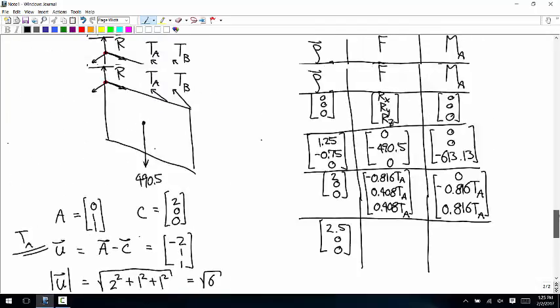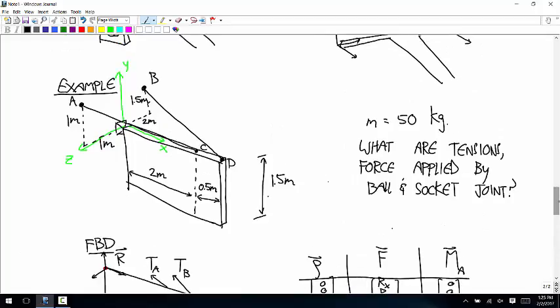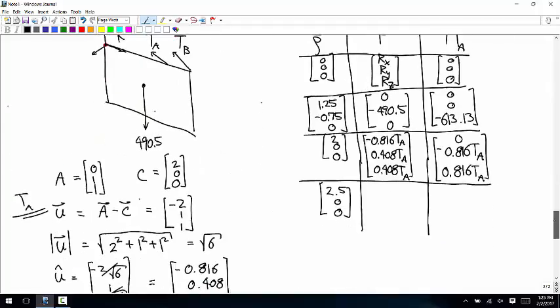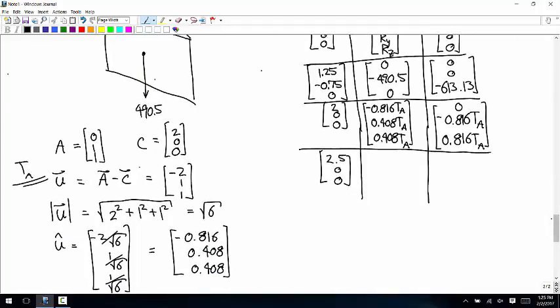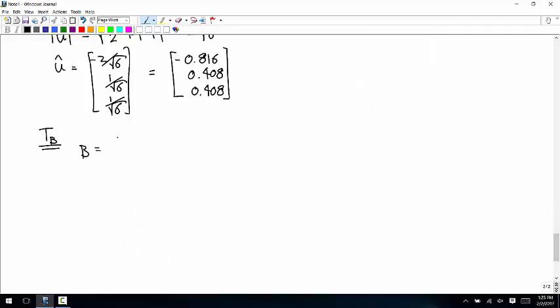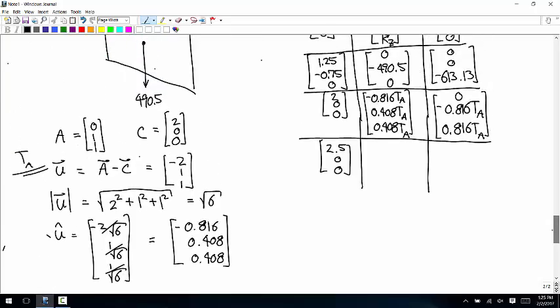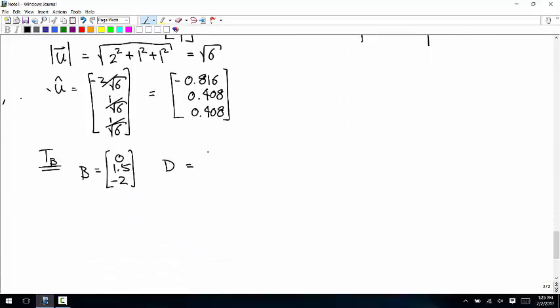So what are the coordinates of the point B? 0 x, 1.5 y, negative 2 z. Okay, so 0, 1.5, negative 2. And then the coordinates of D are 2.5, 0, 0.